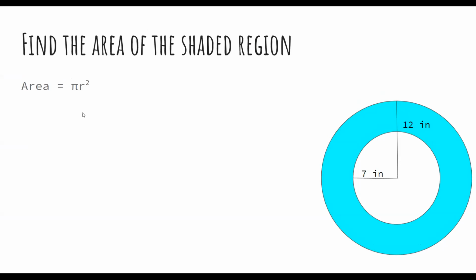Please do not try to subtract the 2 radii and then do your area. You will not get the correct answer. So you need to find the area of both circles. This is the radius of my bigger circle, and this is the radius of my little circle. So I'm going to find the area of my big circle first.